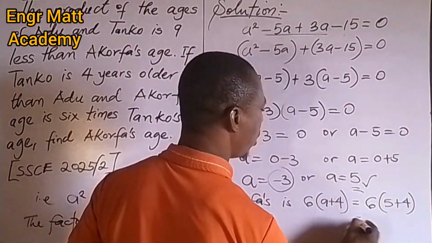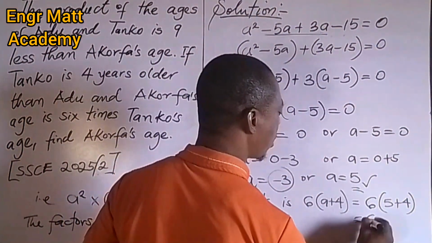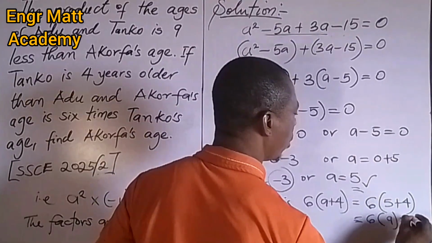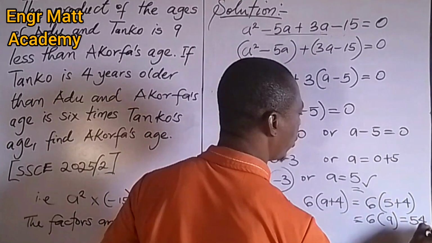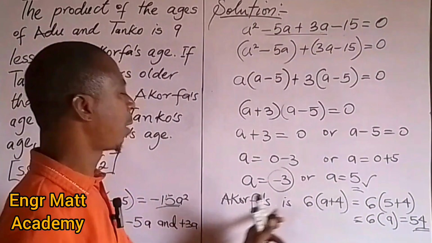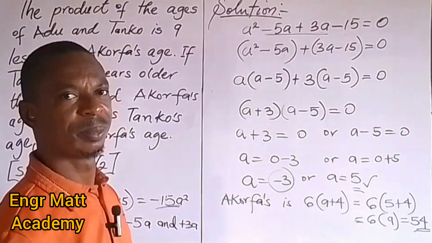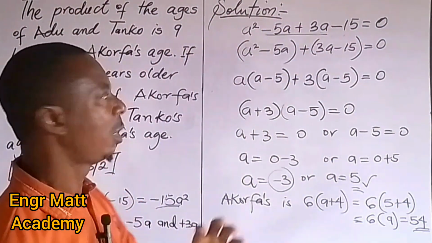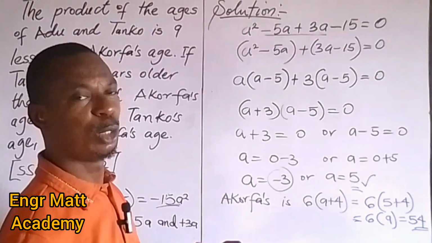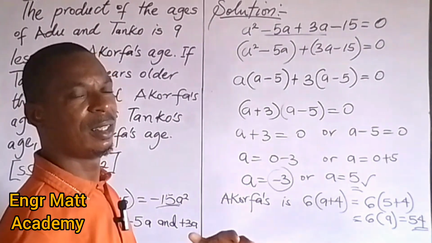So this will be 6 into 9, and that will give us 54 years. That is Akofa's age.